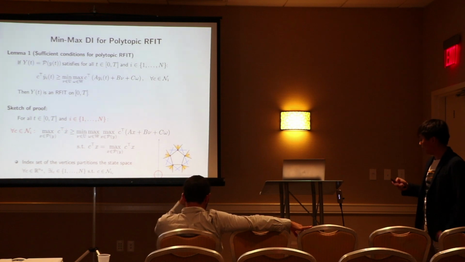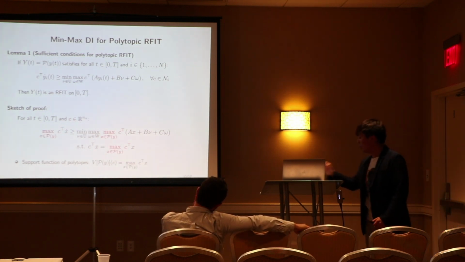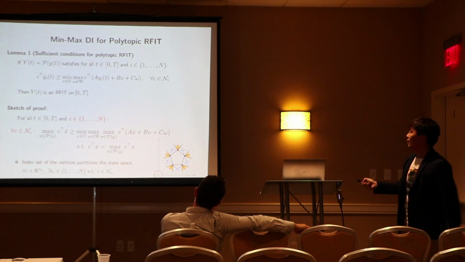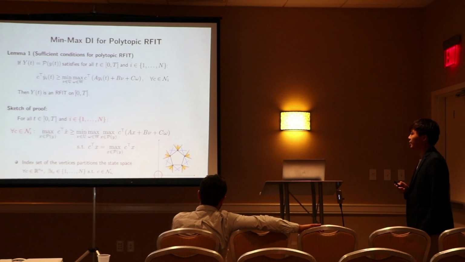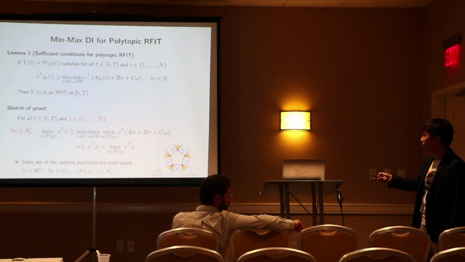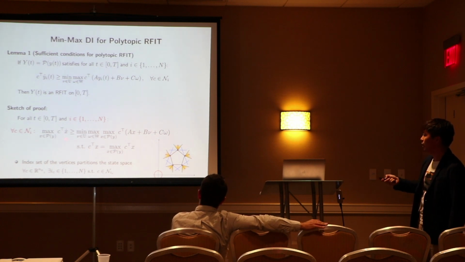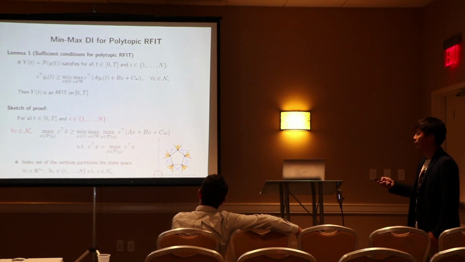So rather than searching c over the entire state space, we can simply enumerate the vertex sets. So now we only need this condition to hold for each vertex. And we have this additional constraint saying that c must be within the associated normal cone.